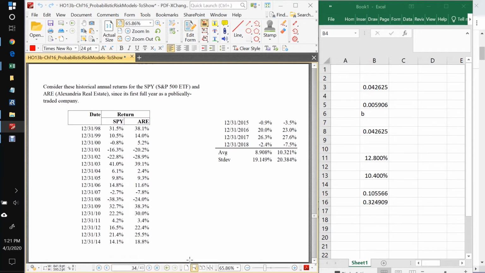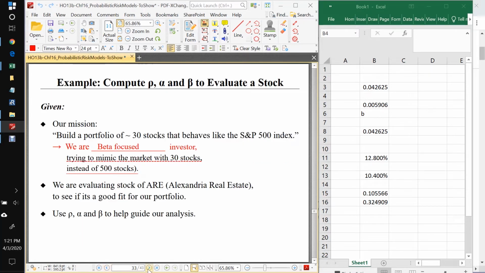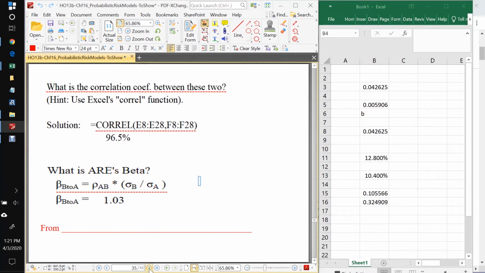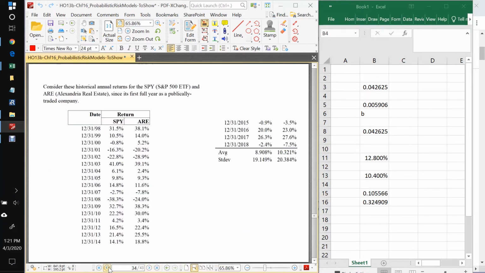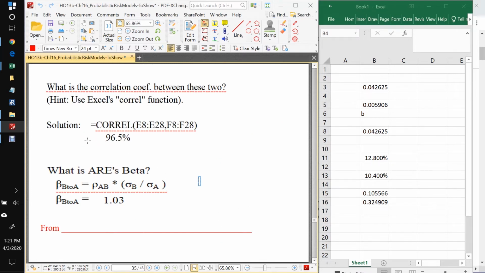What we are missing here, because it didn't come through in what I pasted in, is the correlation coefficient on this page, but that's okay because we do have it calculated here. So we just have to look for it on this page. Now let's see if we can get the beta with this formula and go from there.